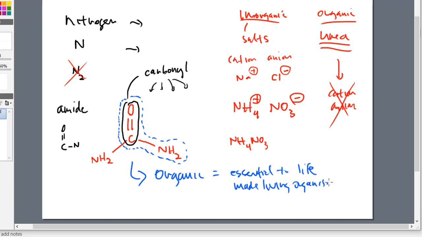That is the old school version of what organic chemistry was all about. So your body had to use it, your body had to make it. And if it wasn't for your body, then this was not deemed an organic molecule back in the day.